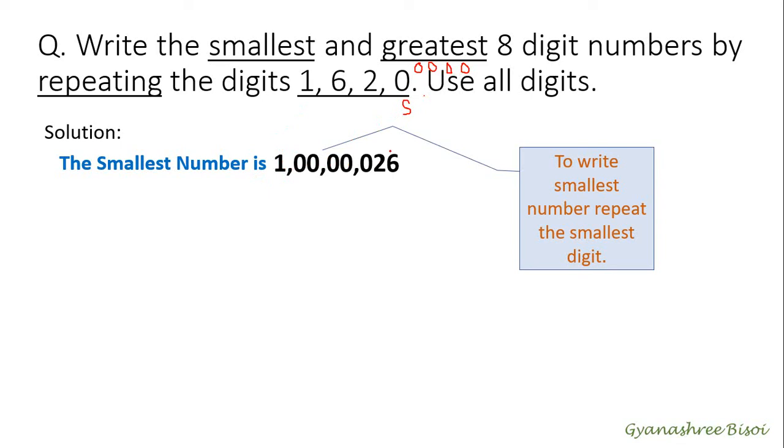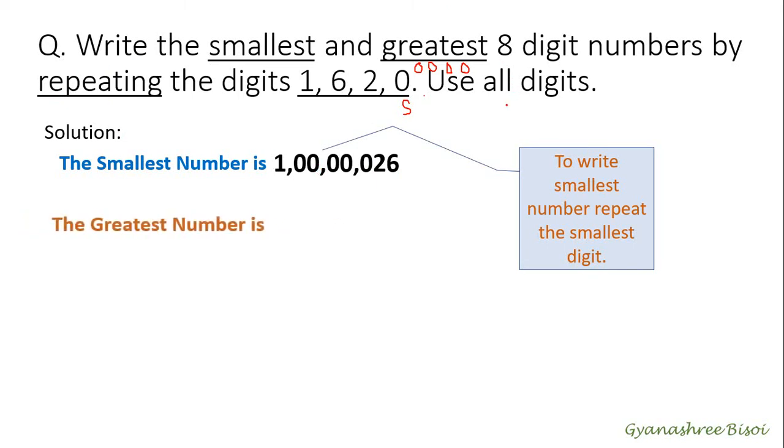Then 2. Then 6. Understood? So while writing the smallest number, arrange the digits in ascending order, and if we need to repeat any digit, we need to repeat the smallest digit.